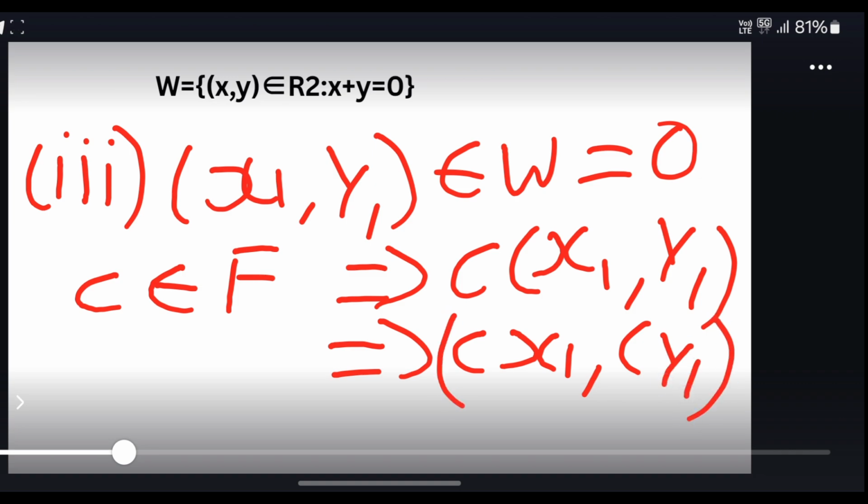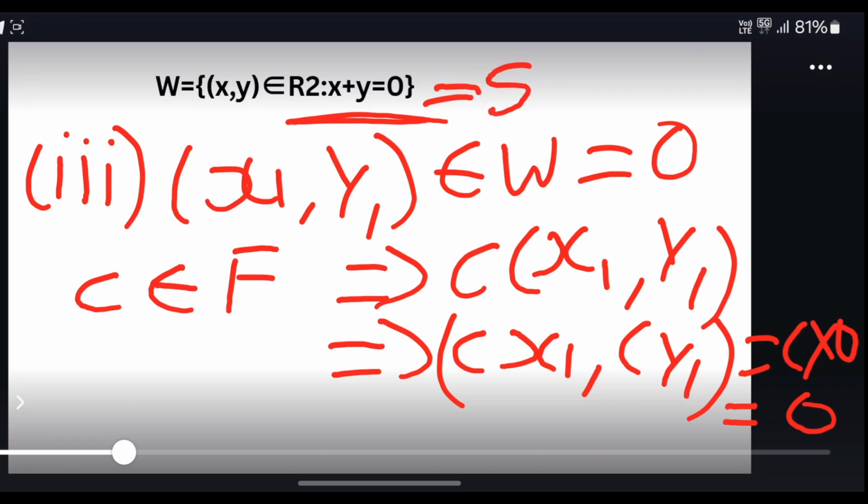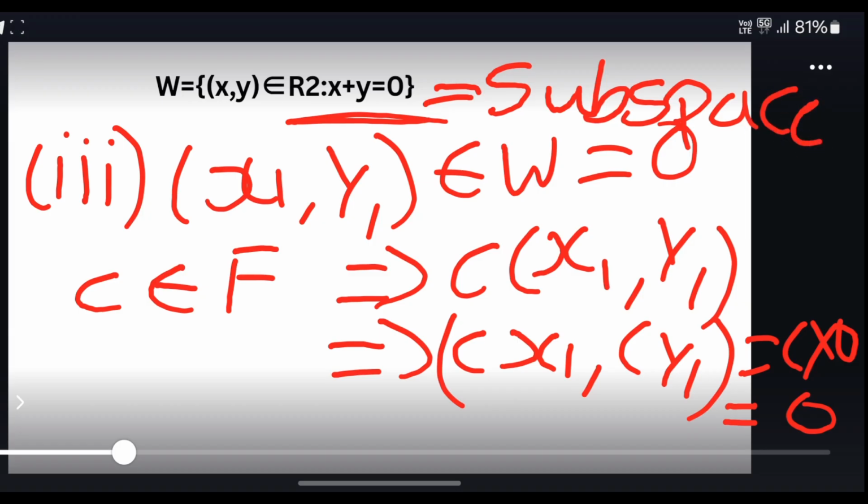So what about this value? Nothing but c into 0, and c into 0 is 0. So the three conditions are also satisfied for the condition x plus y equal to 0. Therefore the given set is the best example of a subspace of R cube. Okay, understand this one. This is the first example.